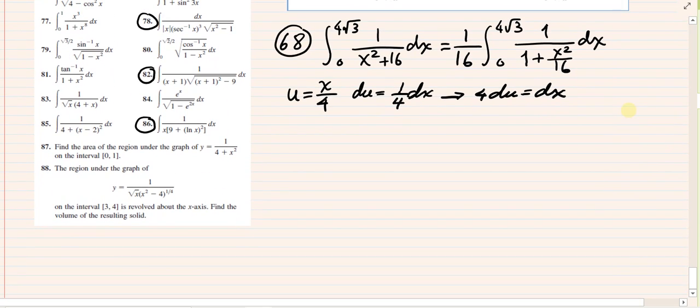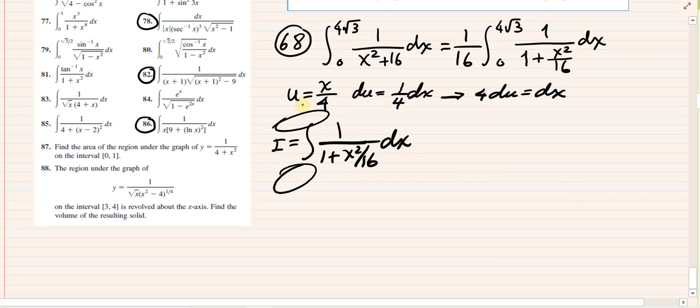Perfect. Now I'm going to work the indefinite integral of 1 over 1 plus x squared over 16 dx, which means I don't worry about the limits of integration at this point.